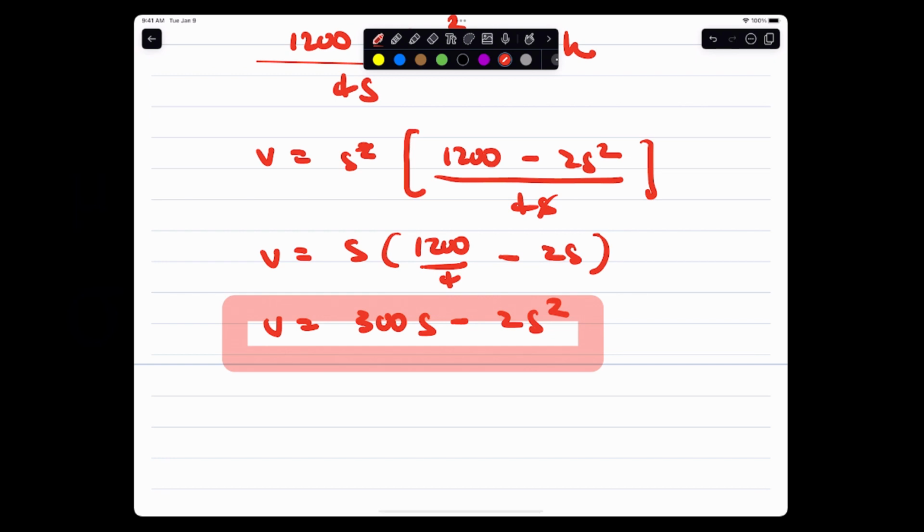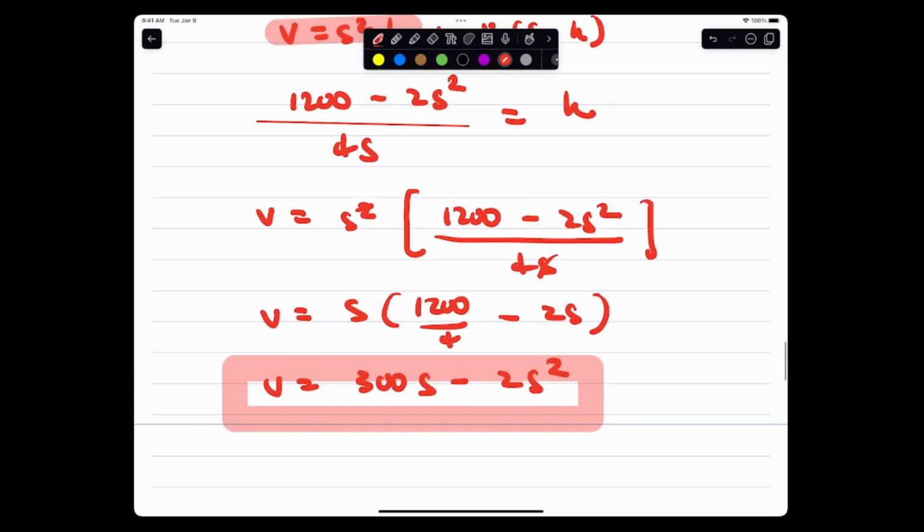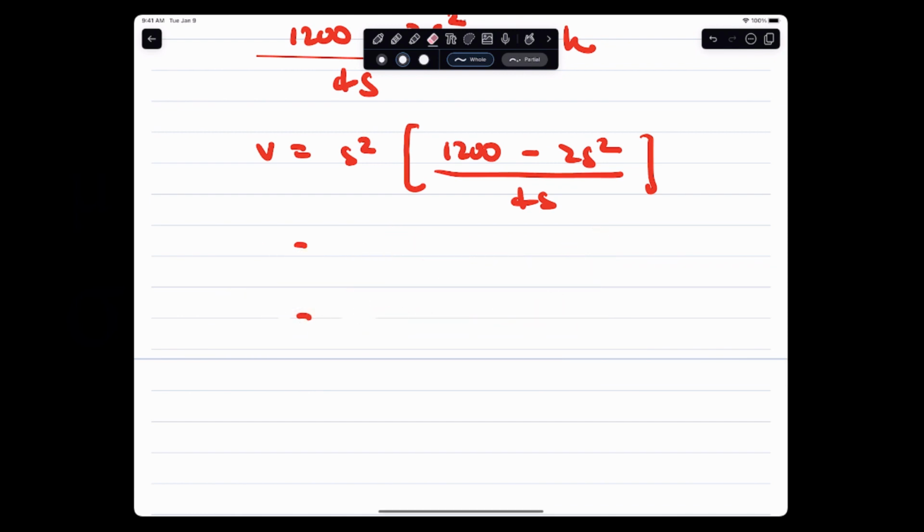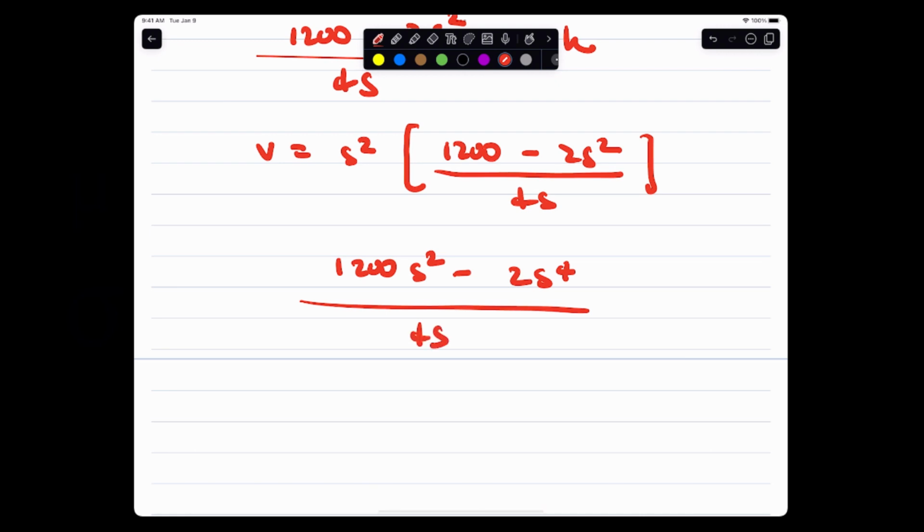Nope. Let me double check my arithmetic. Let me not get fancy. Okay, I'm going to do it this way. I think that's an S cubed. Yep, that's S cubed. Okay, let's not get so fancy. So this will be what? 1200 S squared minus 2S to the 4th over 4S.